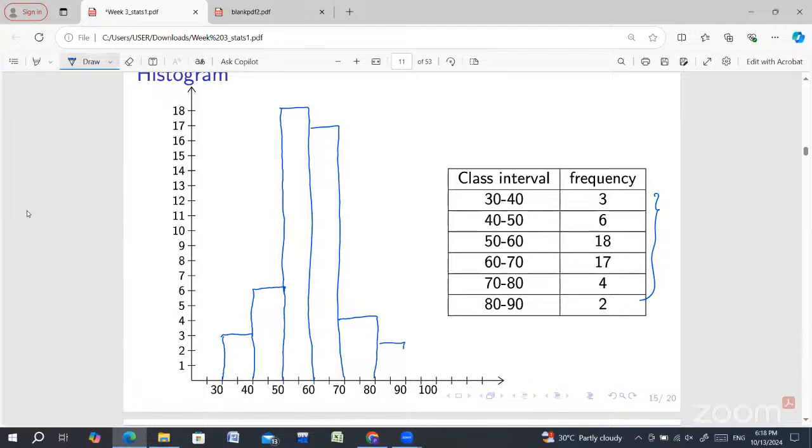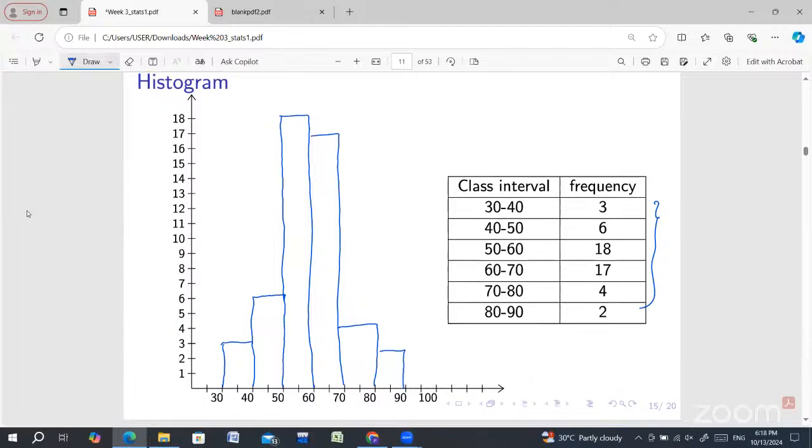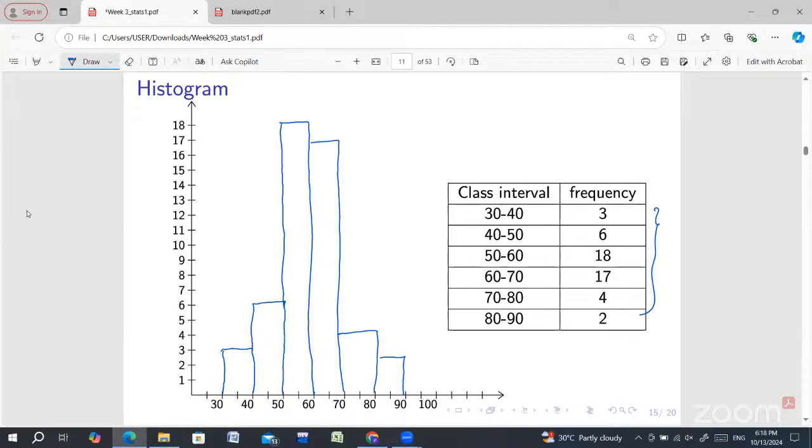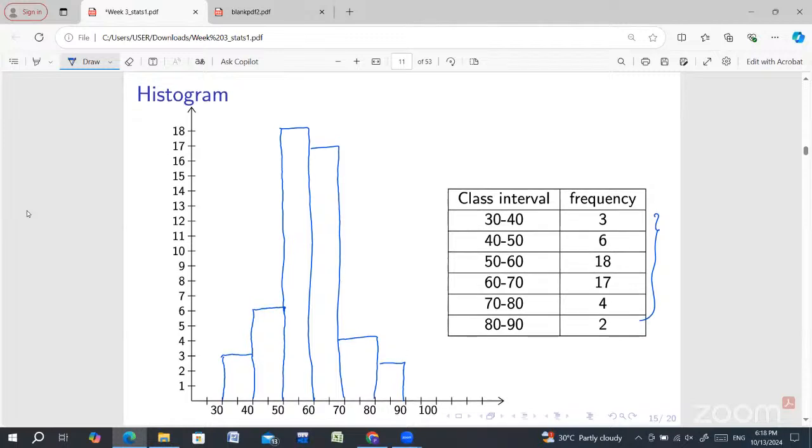So in this way, we make our histogram. Here I have made it freehand, so lines are not straight. But the width of the bar should be equal. So in this way, we make our histogram for the continuous data. Is it clear? Yes, ma'am, it is clear.